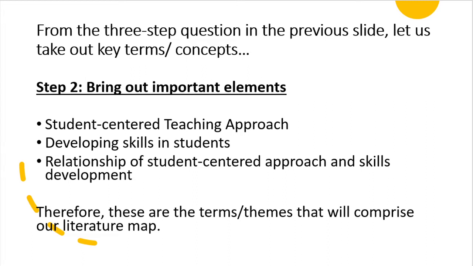Now, please take note that these are for the purpose of giving you an example. There might be other key elements that we can identify. This slide contains 3 key elements which we have identified from the three-step question.